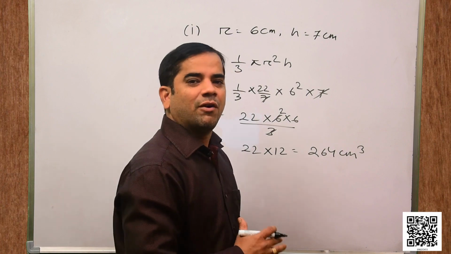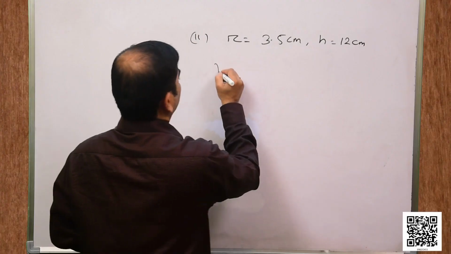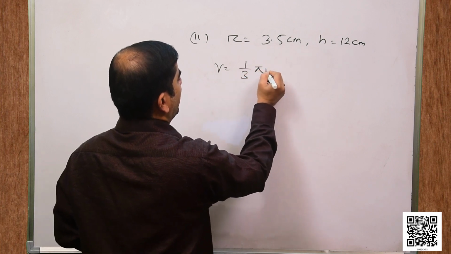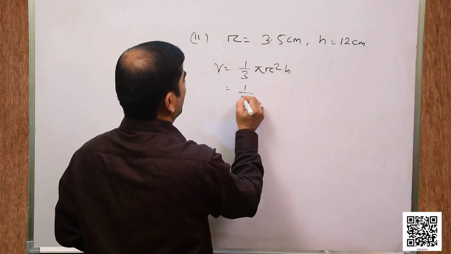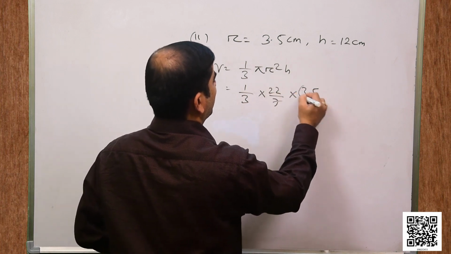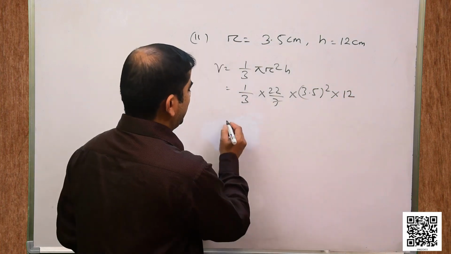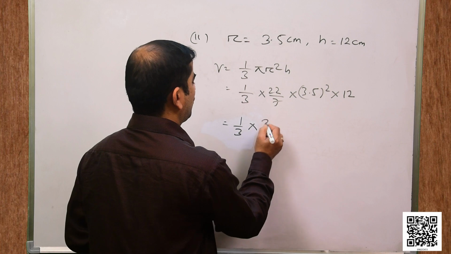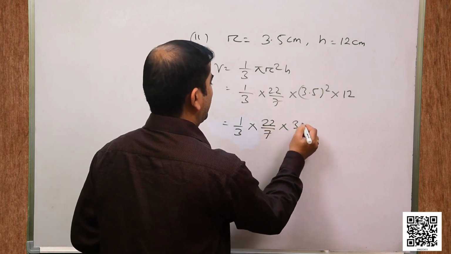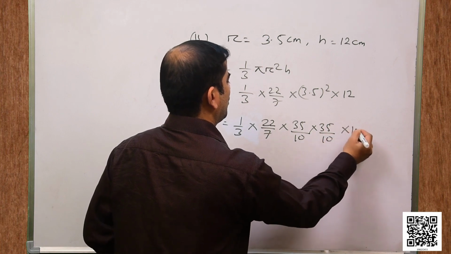Let us now solve for part 2. Okay. For part 2, radius is 3.5 centimeter and height is 12 centimeter. So volume is 1 by 3 pi r square h, that is 1 by 3 into 22 by 7 into 3.5 square into 12. So students, this becomes 1 by 3 into 22 by 7 into 35 by 10 into 35 by 10 into 12.